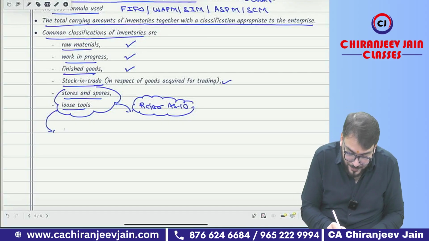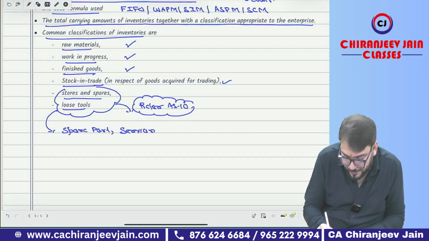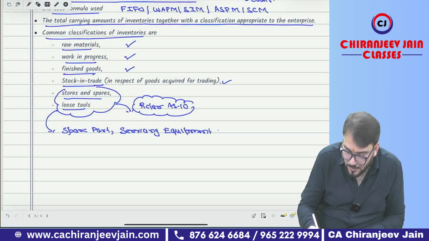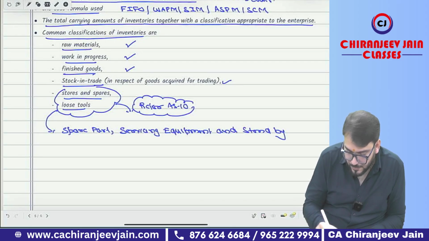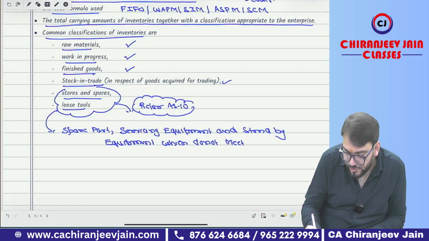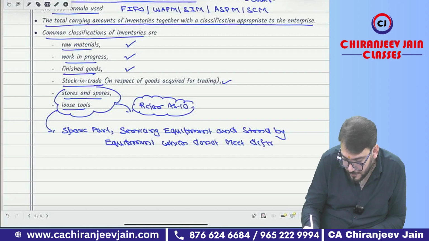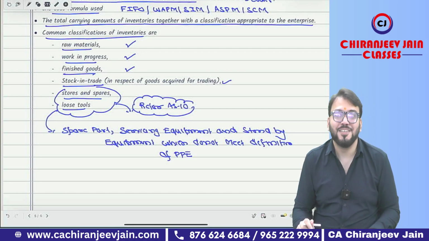It means any spare part, any servicing equipment, and standby equipment which do not meet the definition of PP will be classified as inventory.